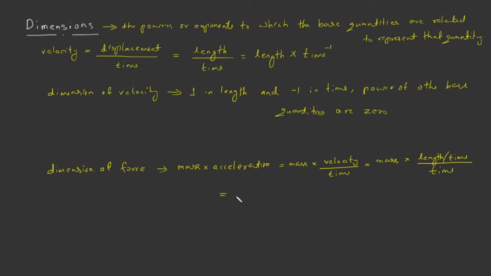This can be represented as mass into length divided by time square, or in product form as mass into length into time raised to minus 2.